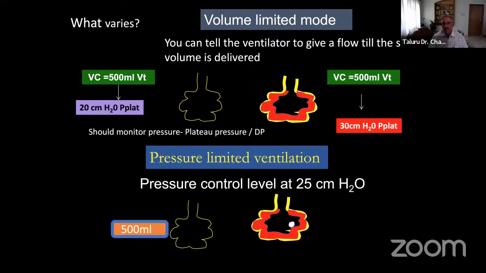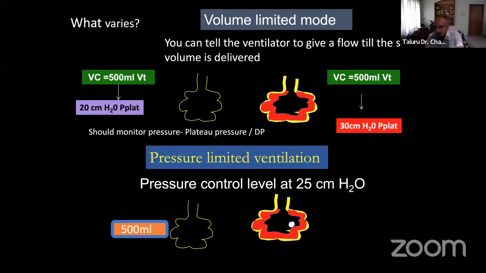Look at here. I have told the ventilator to give a flow till it achieves a pressure of 25 centimeters. It was giving 500 ml. So what will be the tidal volume delivered here? Can somebody type? Obviously, it decreases, isn't it? Because in a cul-de-sac, if the alveoli are stiffer, they produce more pressure.